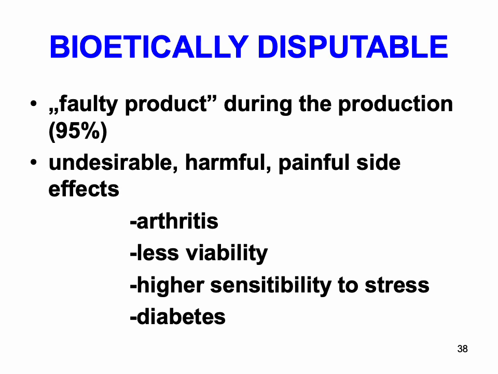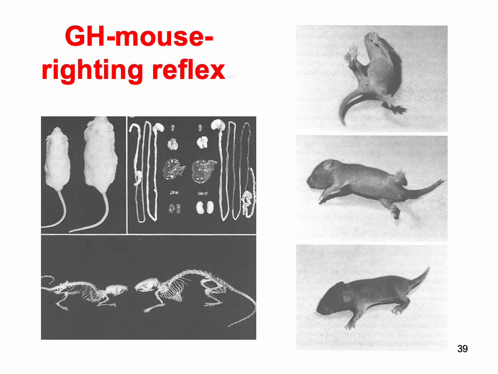It means that undesirable, harmful, even painful side effects like arthritis, less viability, higher sensibility to stress, or diabetes can be found. A good example is the growth hormone mouse on your left.